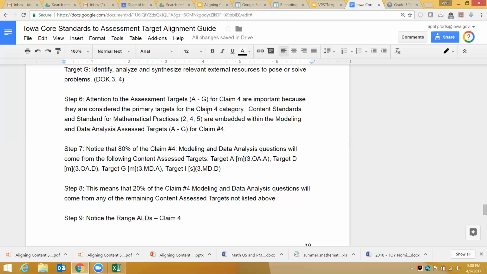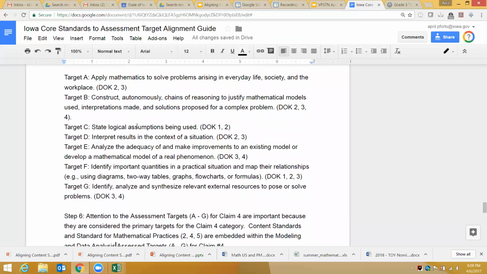What this is saying is that the content standards are embedded within the standards for mathematical practices. So we take the standards for mathematical practice targets, and those are embedded into the content, and these are embedded within the targets here. When you look at the targets up here, you can see where the 2, 4, and 5 are in here if you look at those standards for mathematical practices. Then we have those types of problems for modeling and data analysis, and you're going to take the content and place the content inside of these targets.